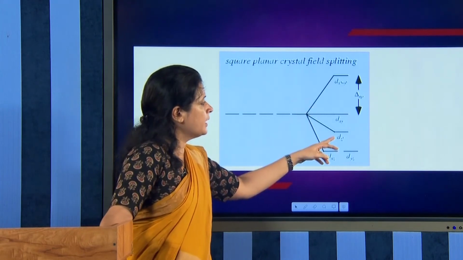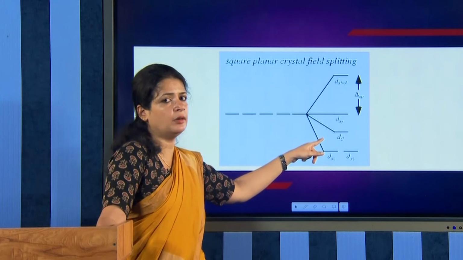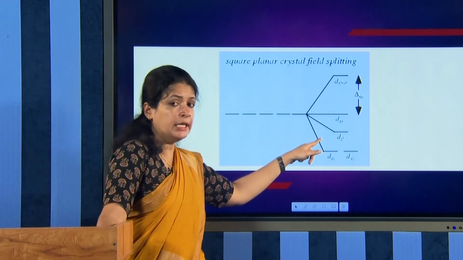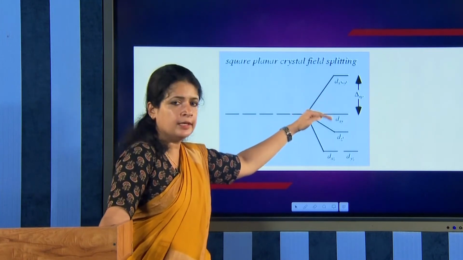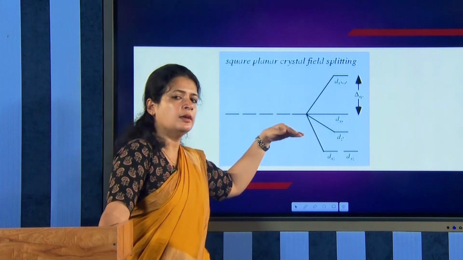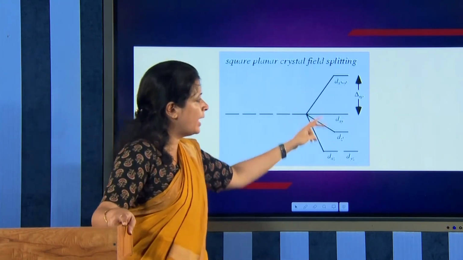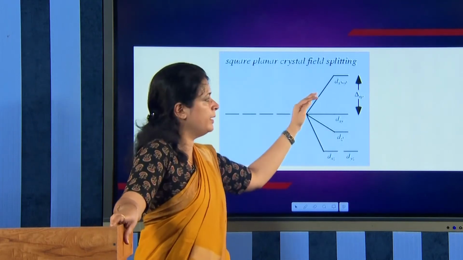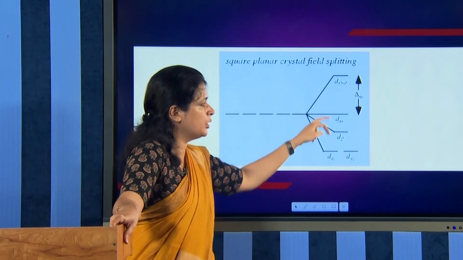And dz square was a d orbital of the eg set, so it was in the upper state, but in the case of a square planar complex, since the ligands along the z-axis are completely removed, that d orbital will have very low energy, that is, dz square will come from here to here.